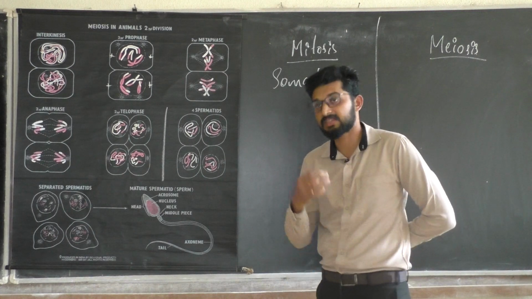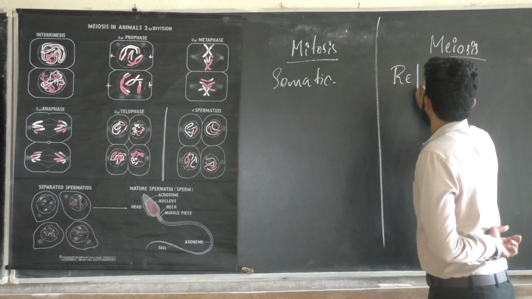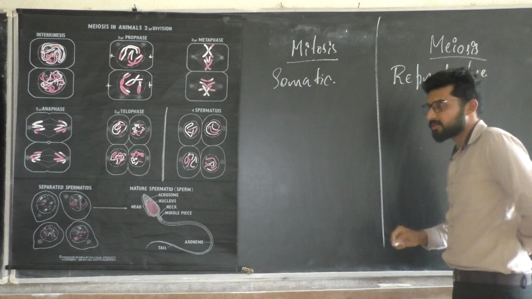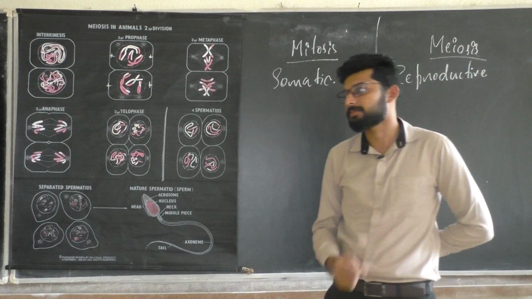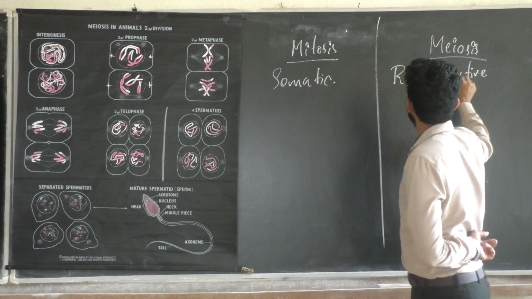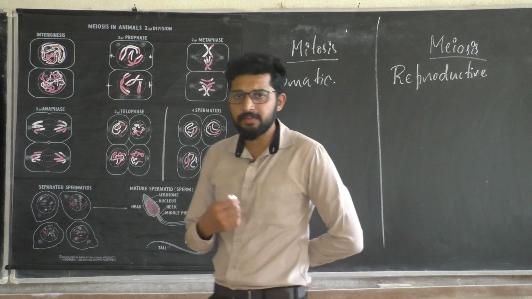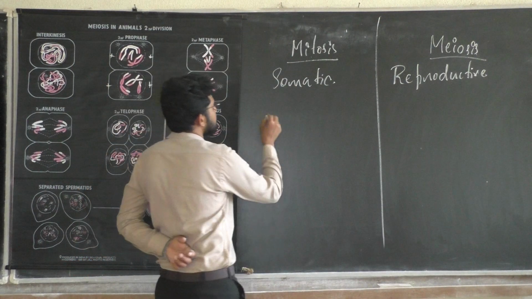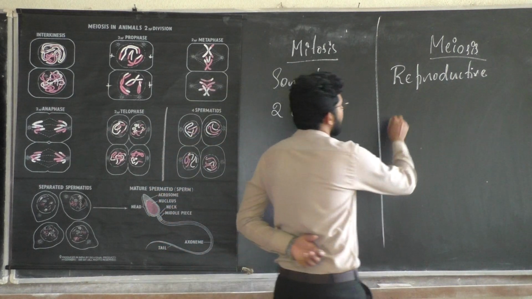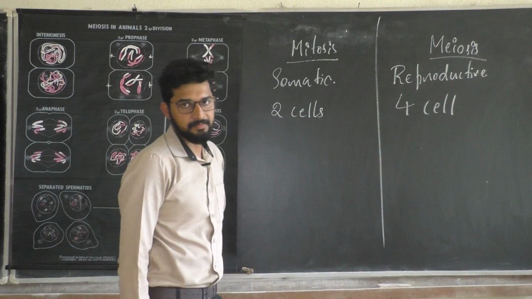Meiosis happens in reproductive cells, the cells which are responsible for producing sperms as well as ovum, egg. At the end of the cell cycle in mitosis, 2 daughter cells are formed. But at the end of meiosis, 4 daughter cells are formed.